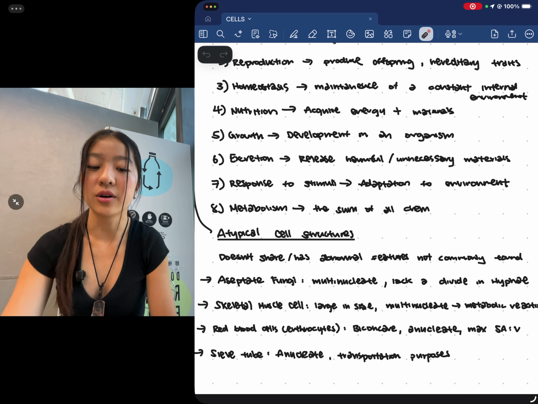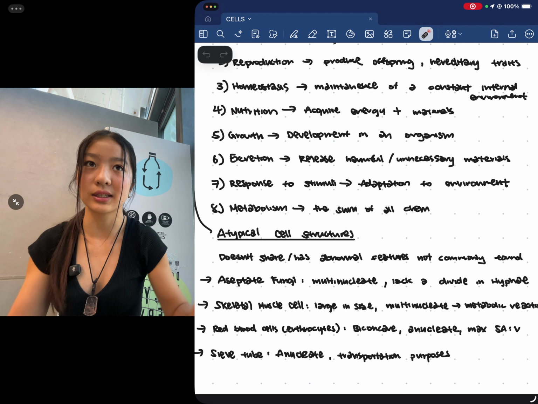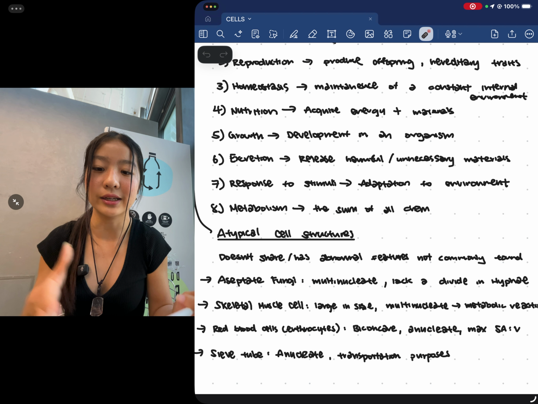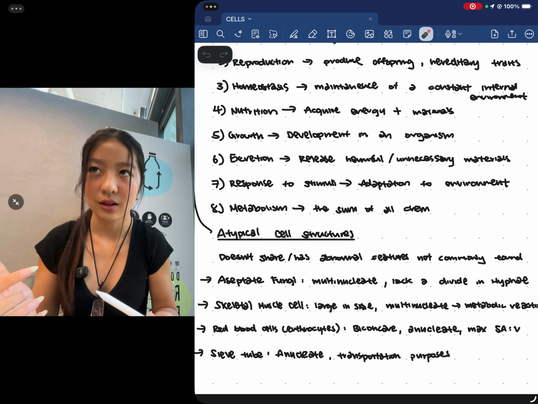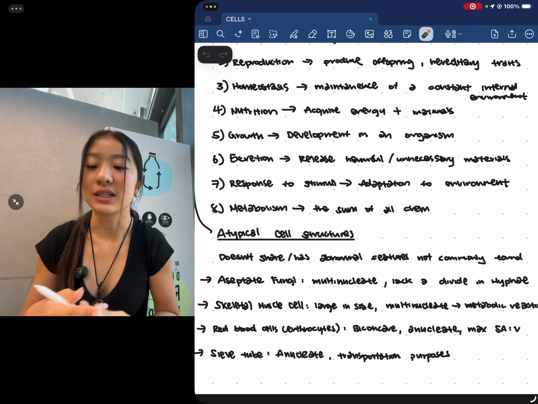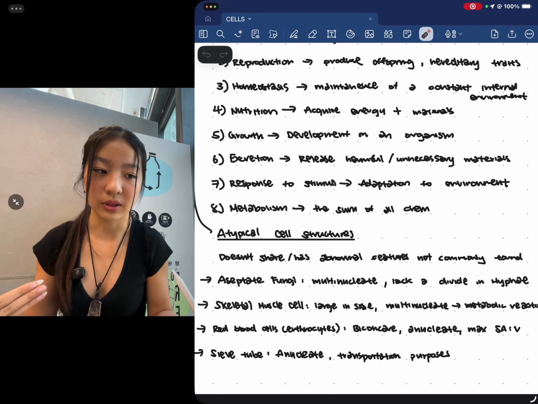And then skeletal muscle cells, because they're large in size and they branch through your body, and they're also multinucleate because they need to generate lots of energy and to provide a basis for all the metabolic reactions that happen within your body.